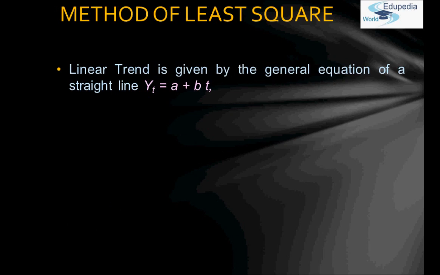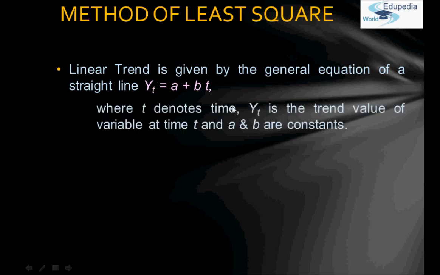The general equation of straight line we know is y equals a plus b x. Here we'll be using y equals a plus b t, where t represents the time. We'll also be using the subscript t in y, in place of y. Y is actually a variable for which we'll be calculating the trend value. So this t represents the time. Okay, and yt is the trend value of the variable at the time t, and a and b are the constants.